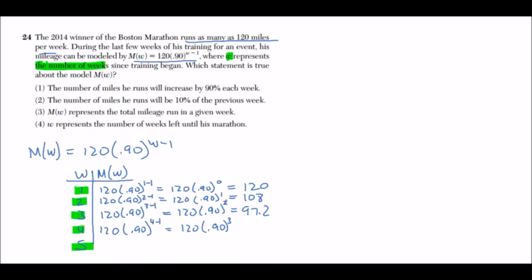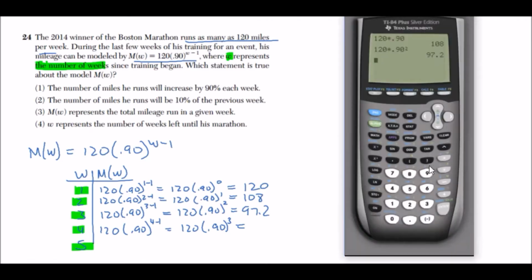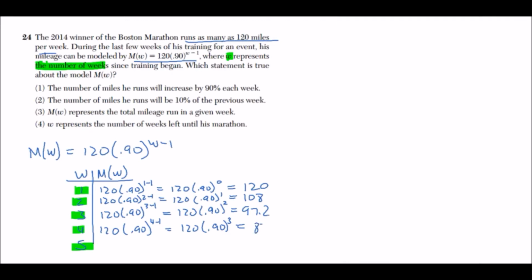We're basically taking the previous value and multiplying it by 0.90 again, because we've increased the w by 1, and therefore we raised the 0.90 to a 1 higher power. So 120 times 0.90 cubed, 87.48. We could have also gotten that by doing 97.2 times 0.90. Again, we don't really need the last value here. This is just so we get an idea of what this model looks like.